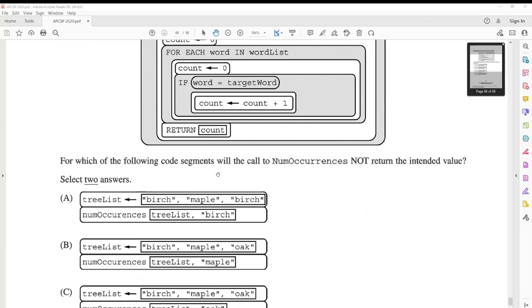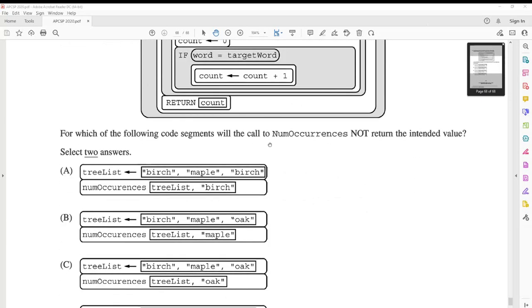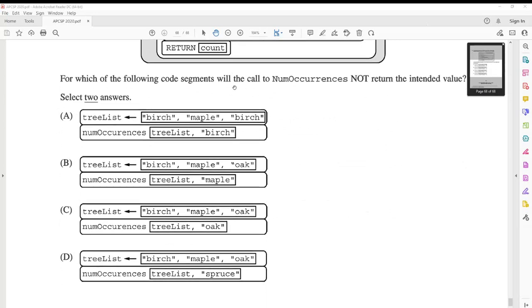Here only when your target word is the last word, then you will return the intended data. So A is not, B is not. C is on the last one, yes. D, nothing matches. So A, B is the answer on the 138.